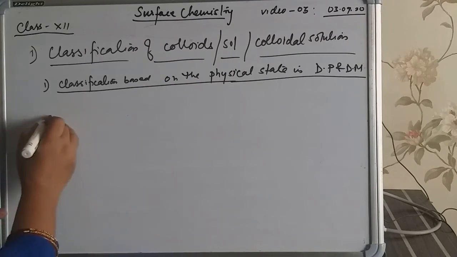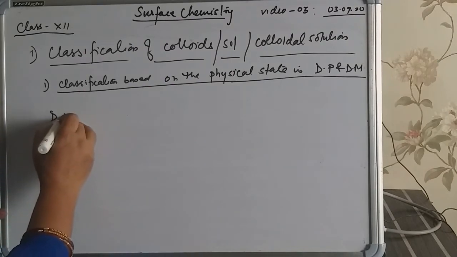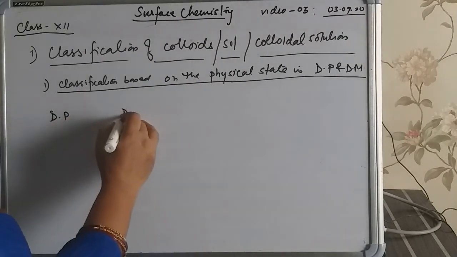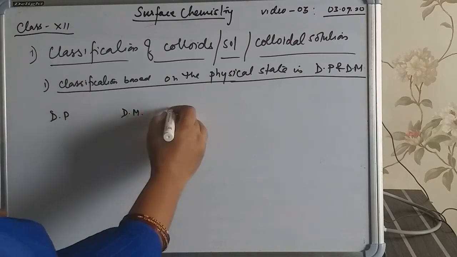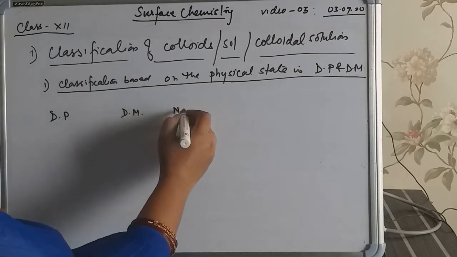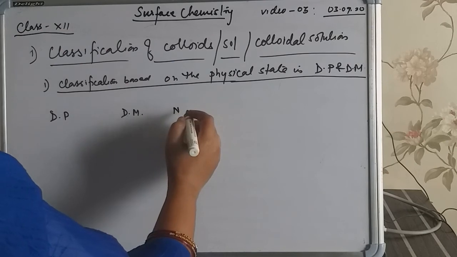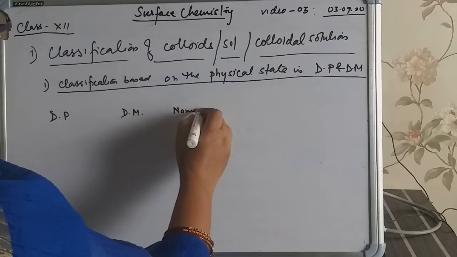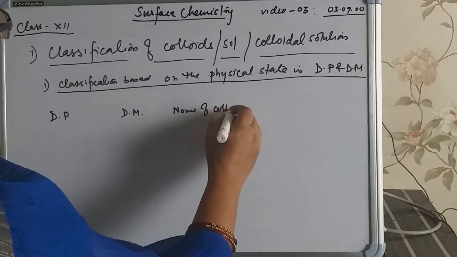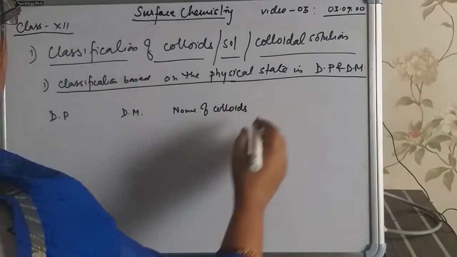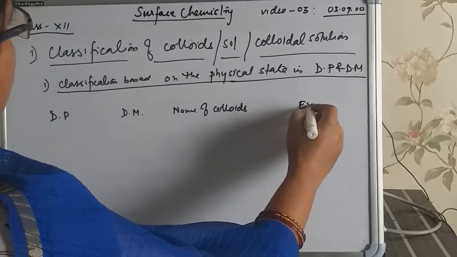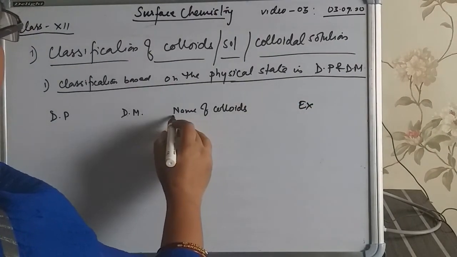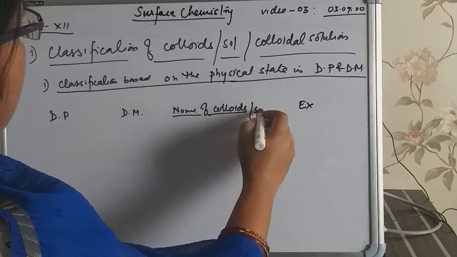So here we write at first dispersed phase, then dispersion medium, then name of colloids with example.